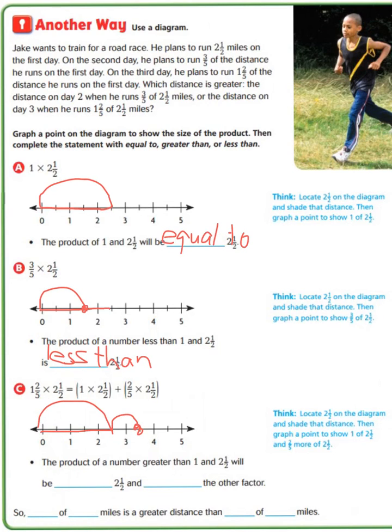That's where our spot is on the number line. So the product of a number greater than 1 and 2.5 will be greater than 2.5 and greater than the other factor. So 1 2/5 of 2.5 miles is a greater distance than 3/5 of 2.5 miles.